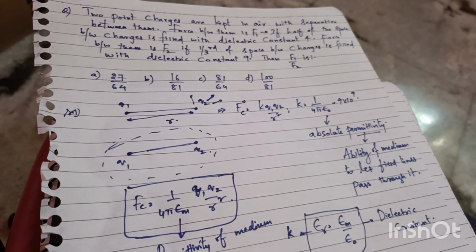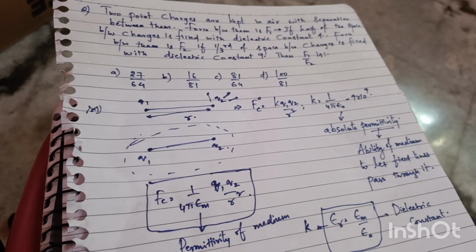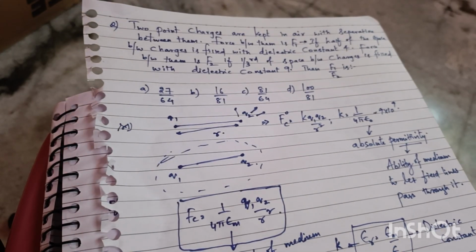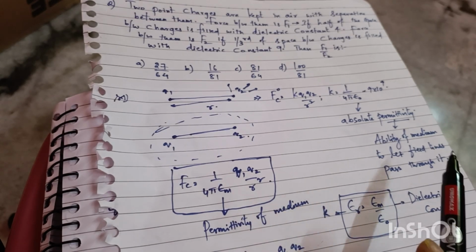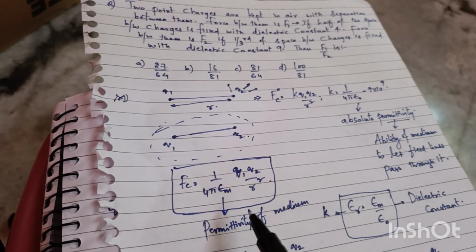So if there is some medium between the charges other than vacuum, then instead of epsilon naught we should place epsilon m, that is permittivity of medium, and the remaining thing is the same, that is q1 q2 by r square, directly proportional to the product of charges and inversely proportional to the square of the distance between them.